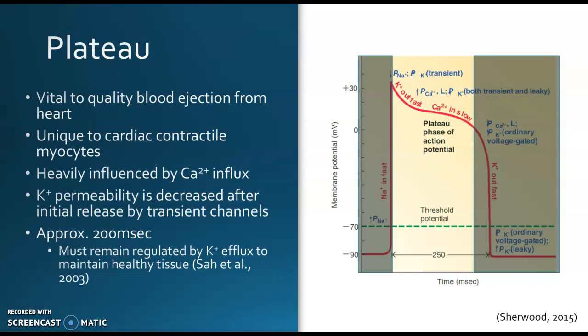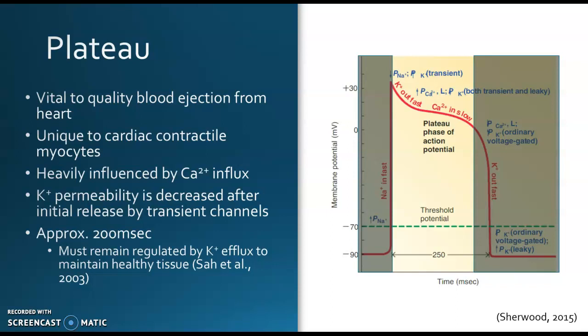So, all that being said, we have had our little initial burst of potassium out. Now we have some channels for calcium that are going to allow calcium to move into the cell.